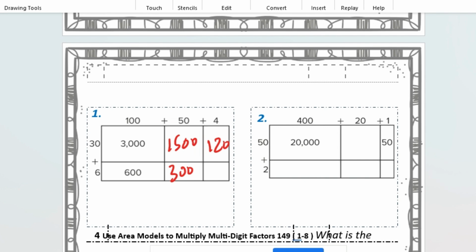Now 6 times 4 is 24. We're just going to add all these. We will get 5544. Now here we just multiply 50 times 20, which will give us 1000. 2 times 400, which will give us 800. 2 times 20, which will give us 40. And 2 times 1, which will give us 2.